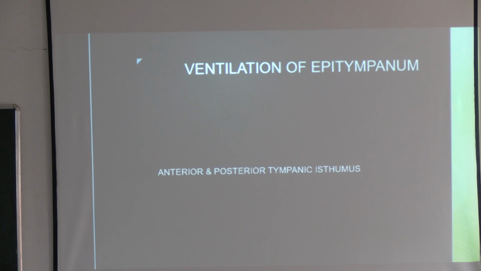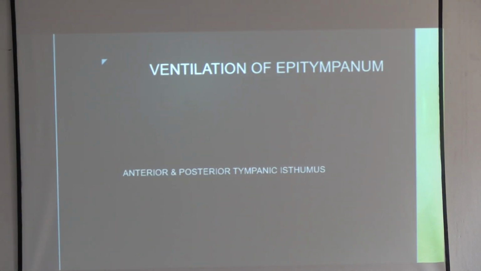Now ventilation of the epitympanum. This is very important because attic cholesteatoma or attic retraction pocket arises due to defective ventilation of the epitympanum, because it is ventilated through the mesotympanum by isthmus anticus and isthmus posticus. I already taught this in your anatomy class.